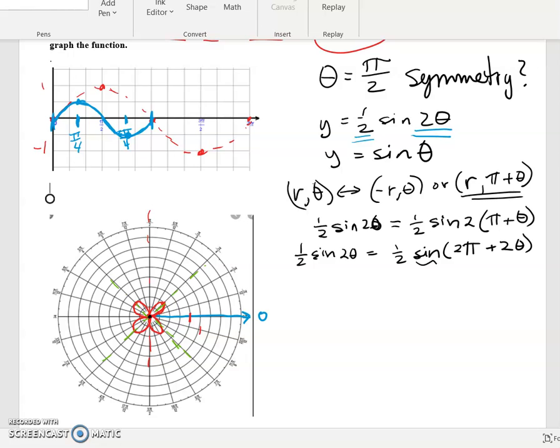What this actually is, is the sine of a sum, and that's one of our identities: sine of alpha plus beta is sine alpha cosine beta plus cosine alpha sine beta. So we're going to use that on the right side.